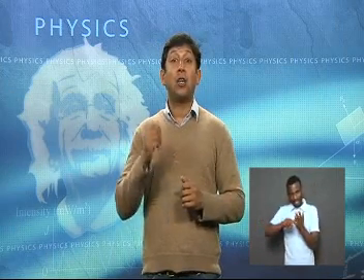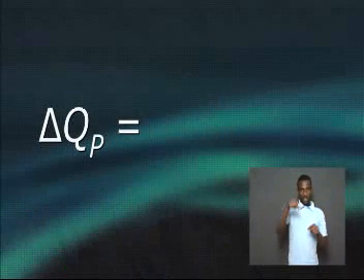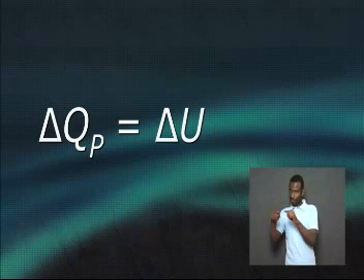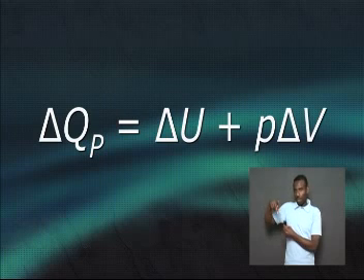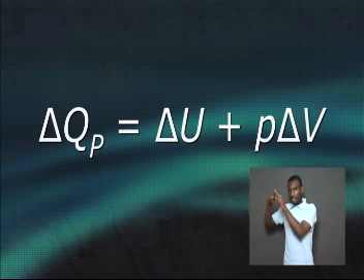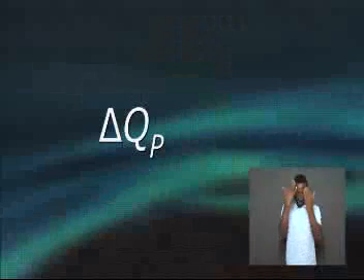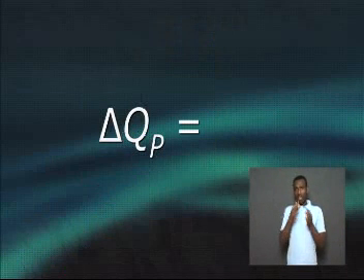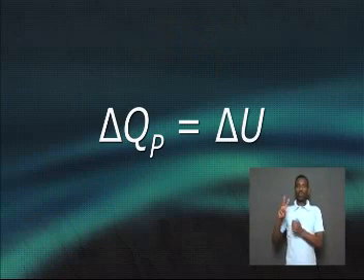So, at constant pressure, heat transfer is equal to the increase in internal energy plus the pressure times the change in volume. If the quantity we are seeking is constant volume, then heat transfer is equal to the increase in internal energy.